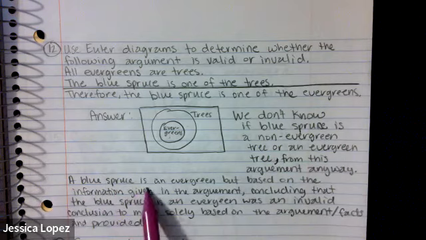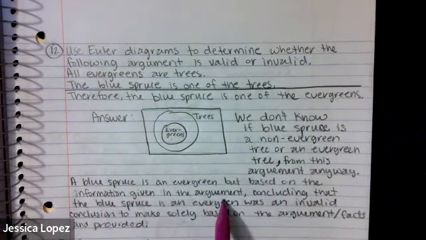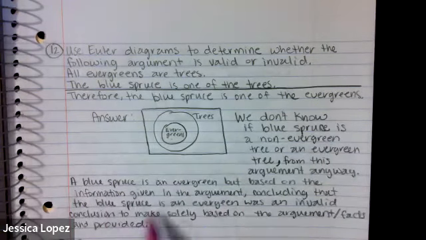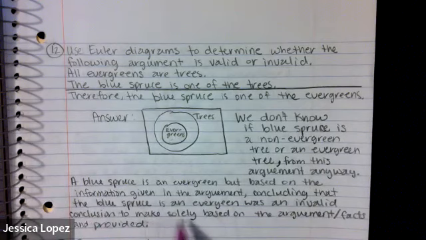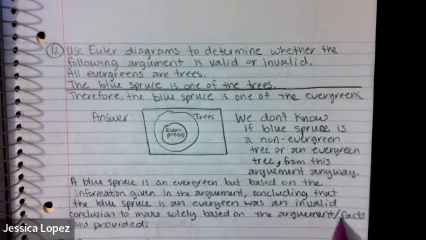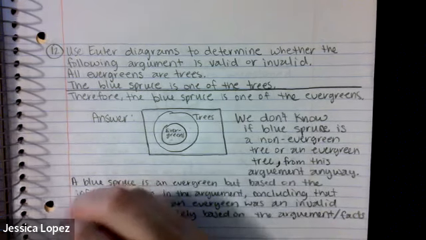A blue spruce is an evergreen, but based on the information given in the argument, concluding that the blue spruce is an evergreen was an invalid conclusion to make solely based on the argument facts provided. The word "and" should not be in there.